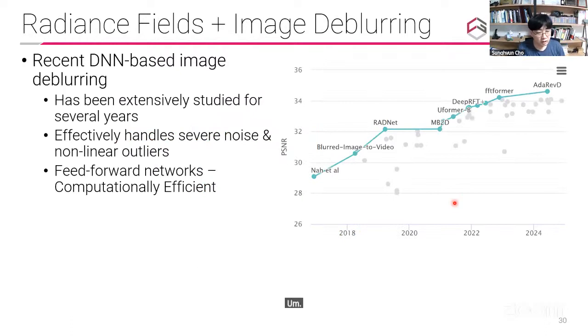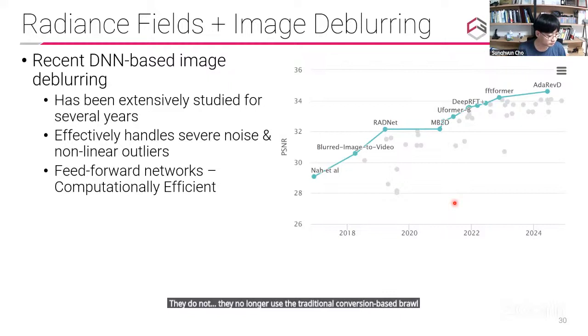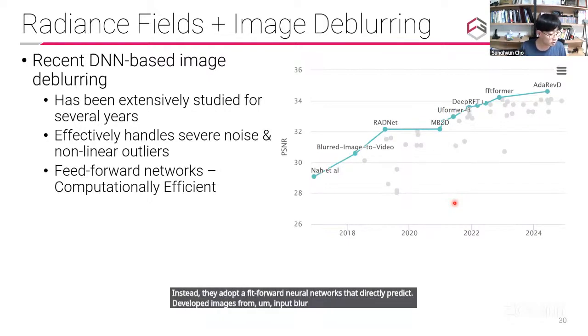On the other hand, recent image deblurring approaches no longer use the traditional convolution-based blur models. Instead, they adopt feed-forward deep neural networks that directly predict deblurred images from input blurred images.